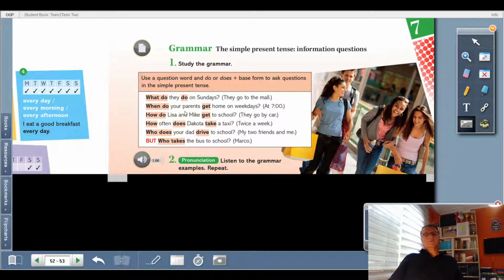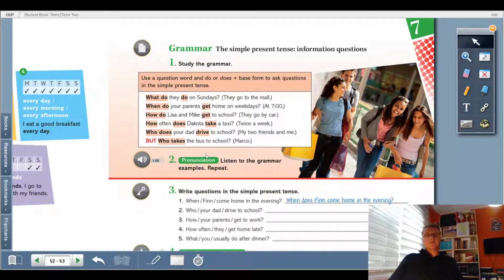How do Lisa and Mike get to school? How often does Dakota take a taxi? Who does your dad drive to school? Who takes the bus to school?